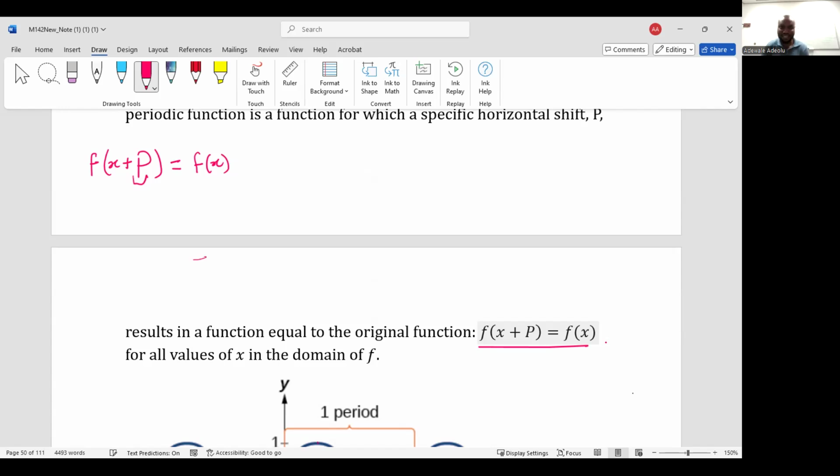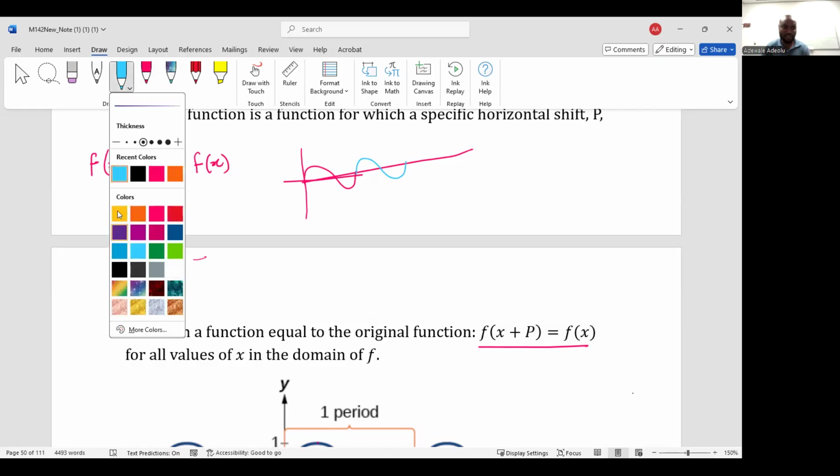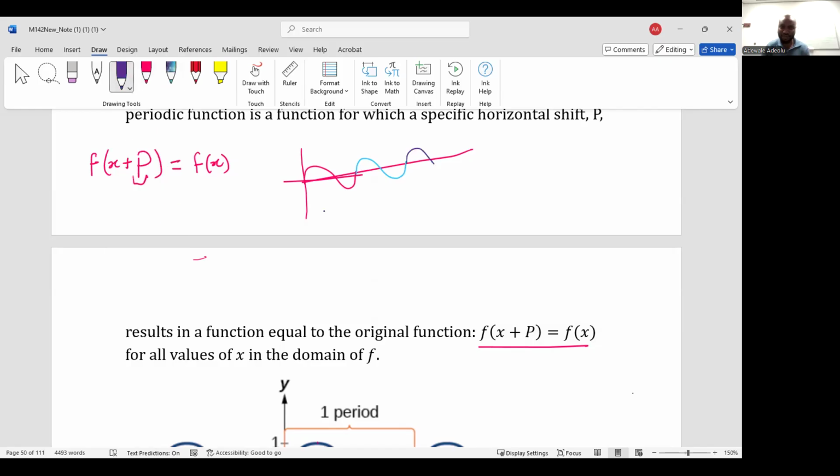That is, suppose I have something like this. That is one rotation. Then I go again. That is another rotation. Then I go again. That is another rotation. I'm just repeating the same thing. So we say it is periodic.